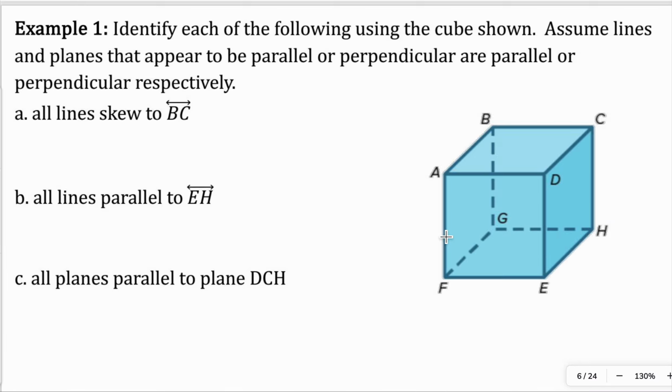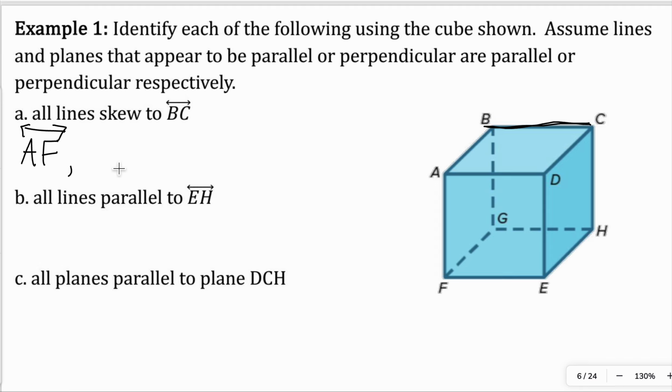Example 1, we're going to talk about skew, parallel, and parallel planes. So all skew lines to BC. Remember, skew lines are lines that are not intersecting and they're not on the same plane. So for BC, here's my BC right here. Skew lines to that would be a good example, line AF, not on the same plane.